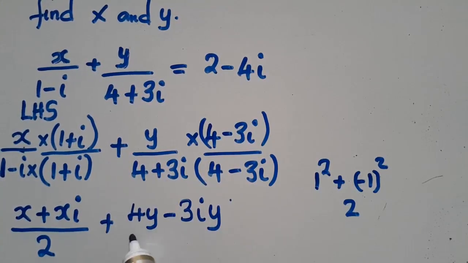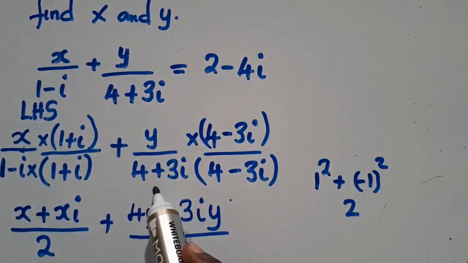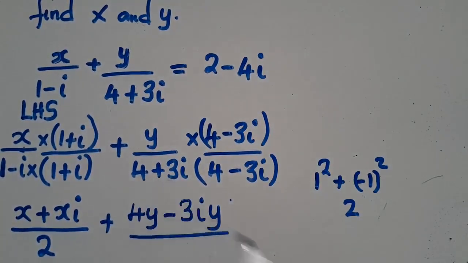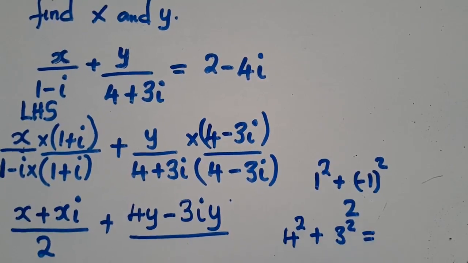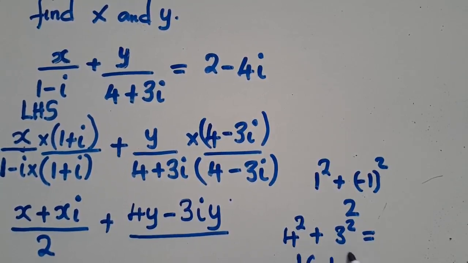Then I say over what? It's just the same as squaring this. So what is 4 squared plus 3 squared? What answer are you getting here? 16 plus 9, which is equal to 25. So just the same as 25 there.